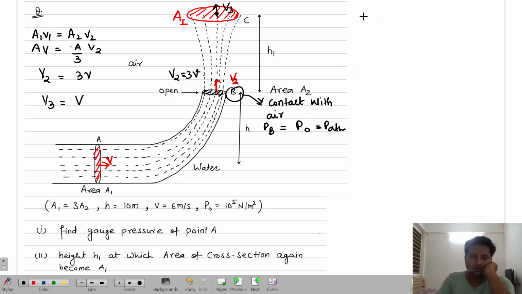So I can apply Bernoulli's principle. The height is given already. P of A plus half rho V square plus rho G H of A is equal to P of B.